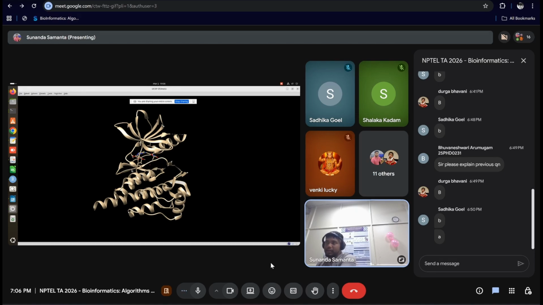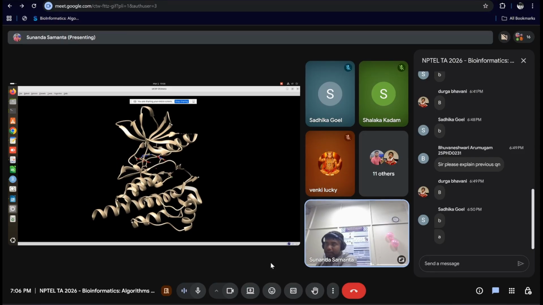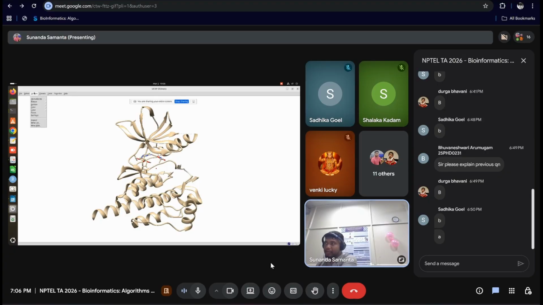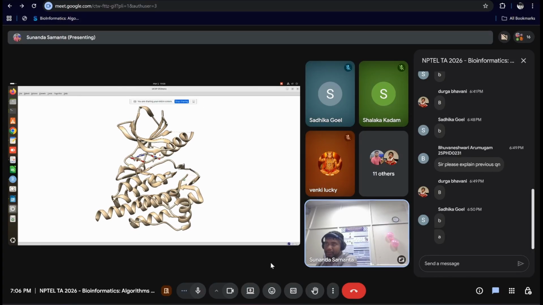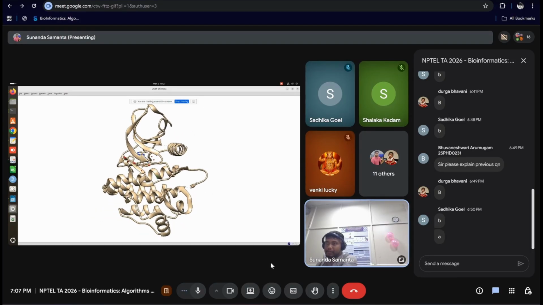So let's first change the visualization a little bit. If you go to the preset option, you can have a very nice depth cued rounded ribbon with white background, as well as a silhouette type of structure so that each atom and each ribbon's outline is very clearly highlighted.